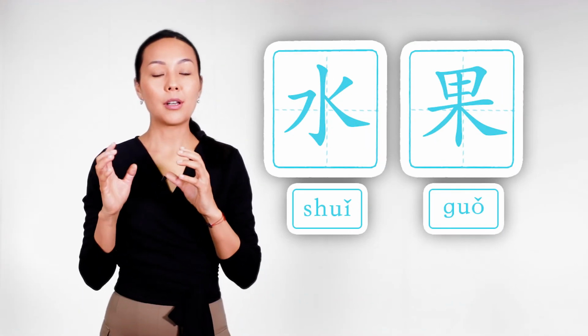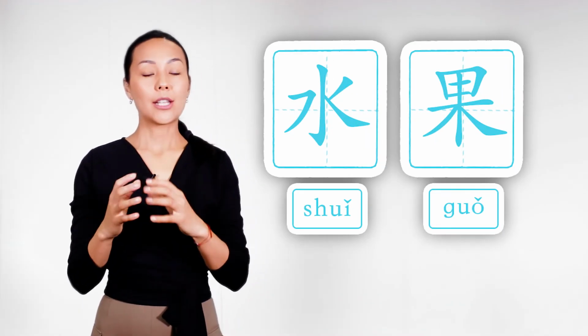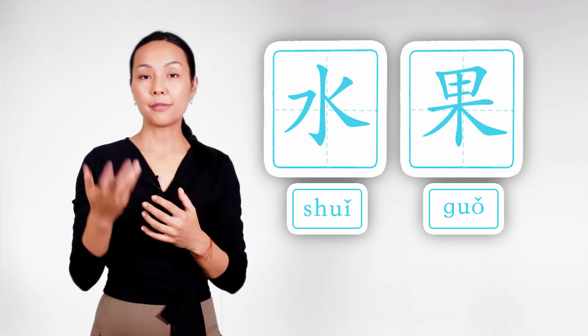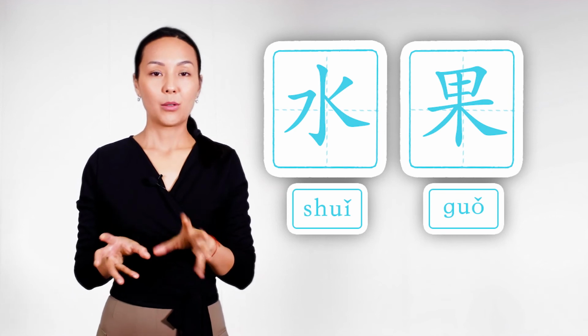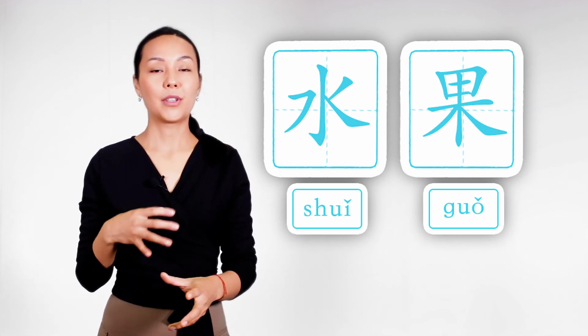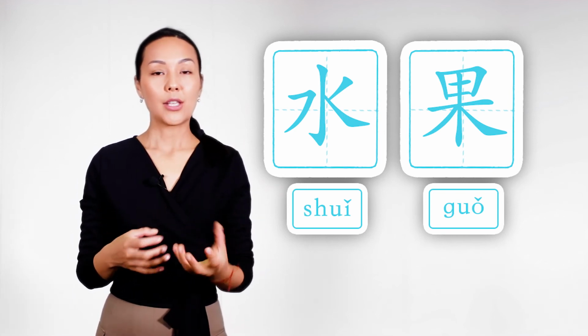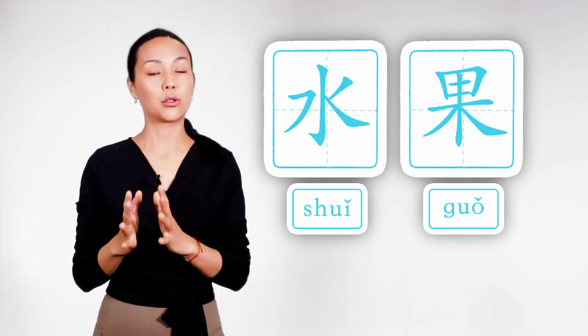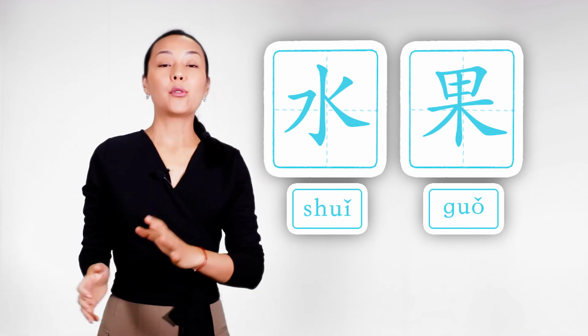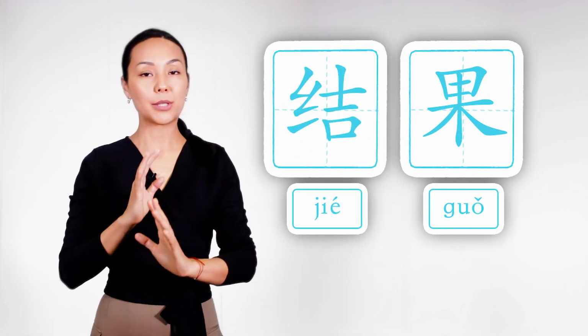For example, the word 果 has two meanings, fruit and result. To understand whether you mean fruit or result, you need to say 水果. In this way, it's obvious that you mean fruit, not result. And if you say 结果, it already means result.